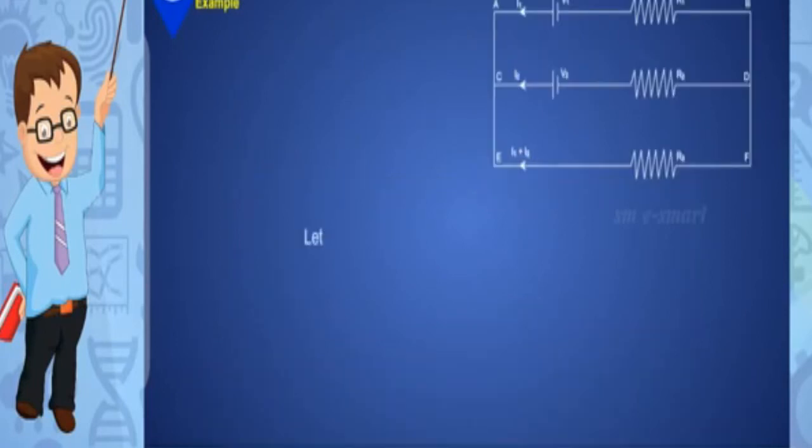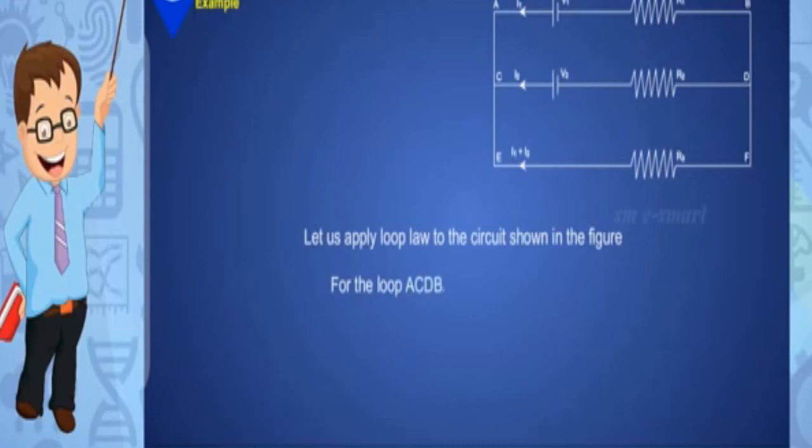Let us apply the loop law to the circuit shown in the figure. For the loop ACDBA: minus V2 plus I2 R2 minus I1 R1 plus V1 equals 0.